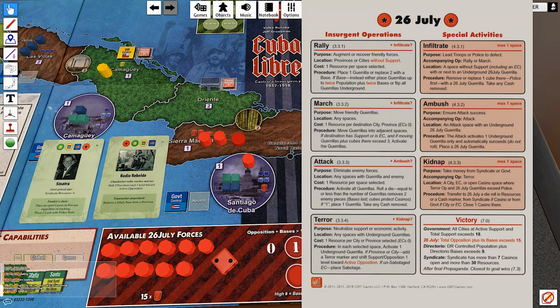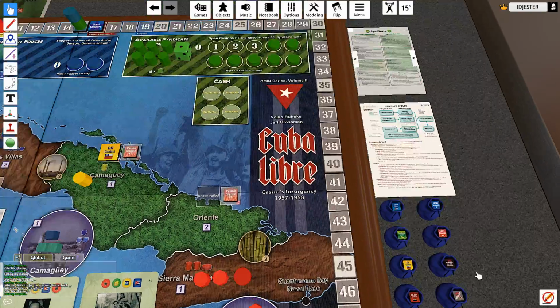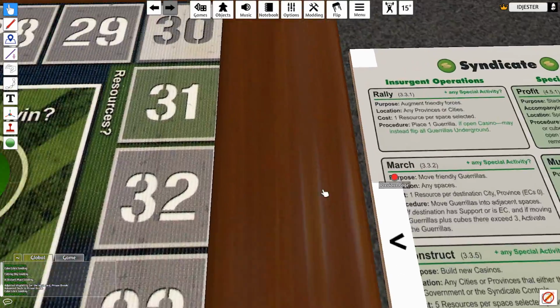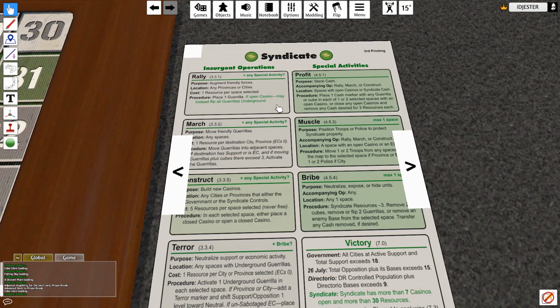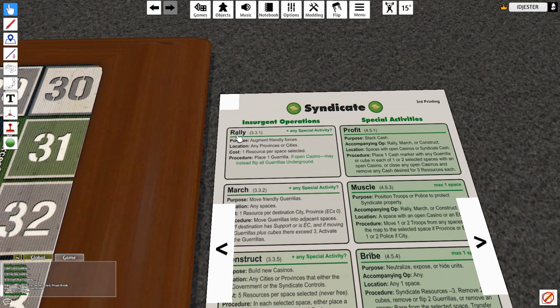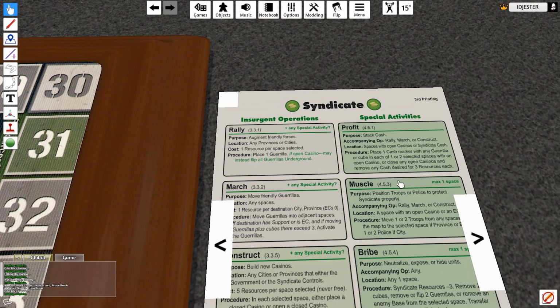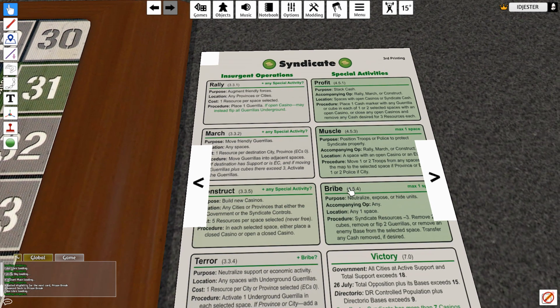One other thing of note with these, and I can't have it up when I show you this: you can see that the different operations are followed by what special activities you can do. In this case, if you rally, you can do any of them: a profit or muscle or bribe.